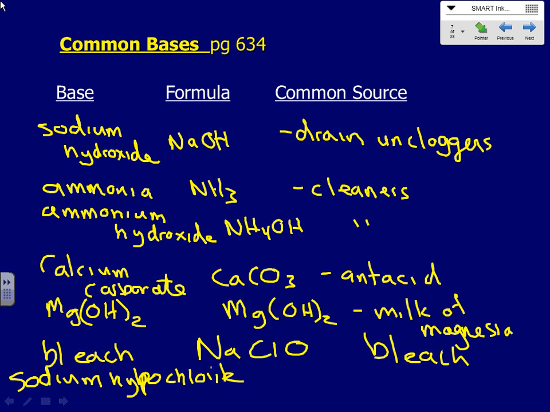You might think of it as a cleaner. It does whiten things because it'll react with certain pigments, but it also kills bacteria. It is the hypochlorite, the ClO minus, which is responsible for killing bacteria and things like that.